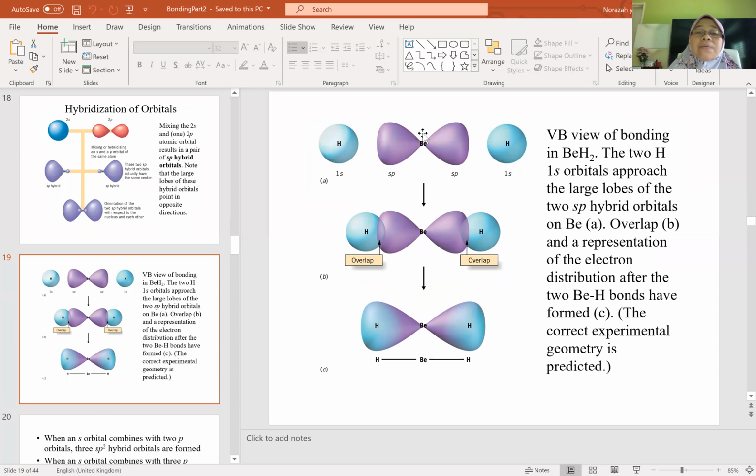In order for beryllium to provide a space to share electrons, the original atomic orbitals, s and p, are changed into sp hybrids. Therefore, the atomic orbital from hydrogen can overlap with the sp hybrid orbital, forming a new orbital between hydrogen and beryllium.